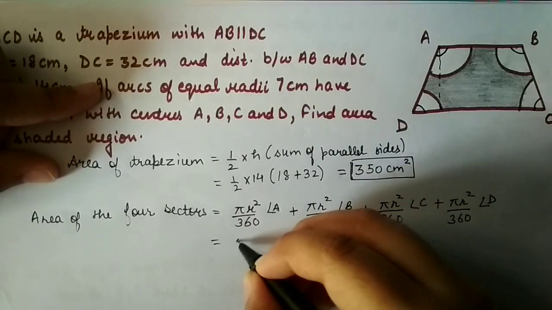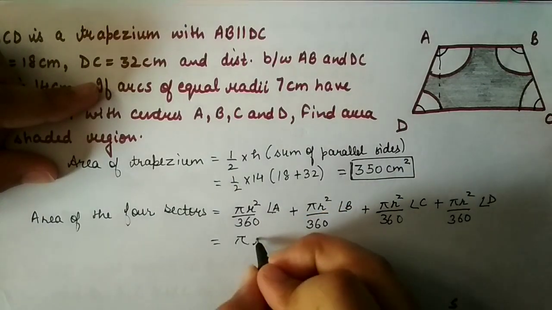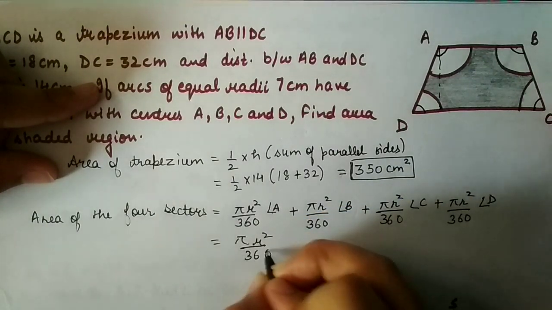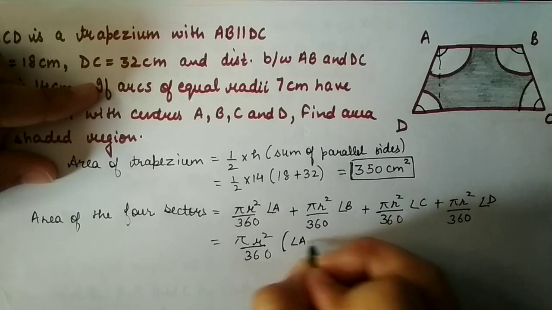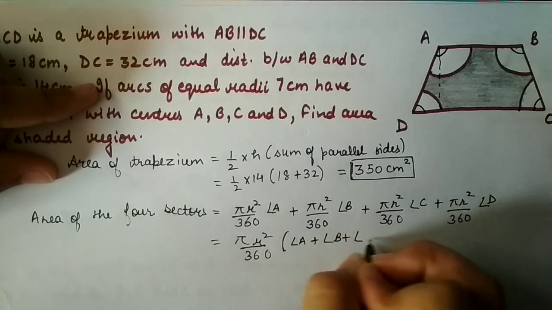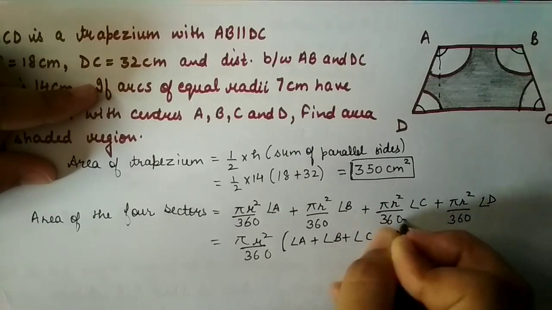Now take pi r square by 360 common and you will get angle A plus angle B plus angle C plus angle D.